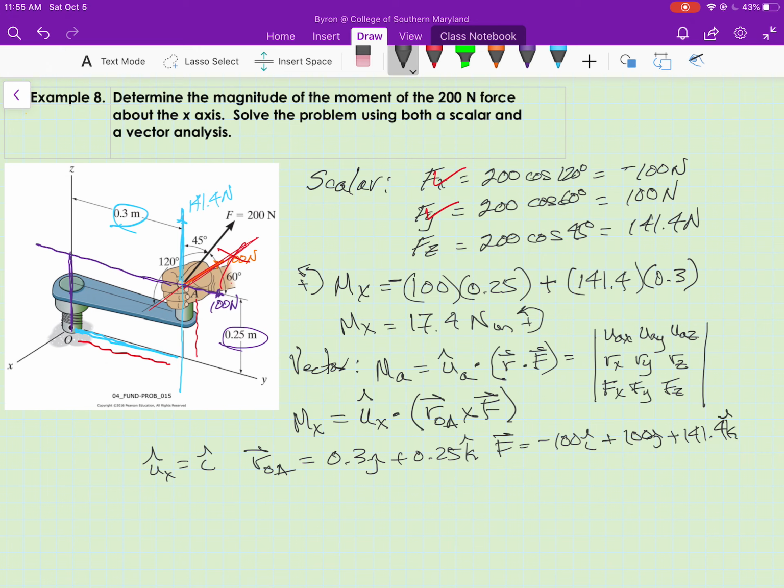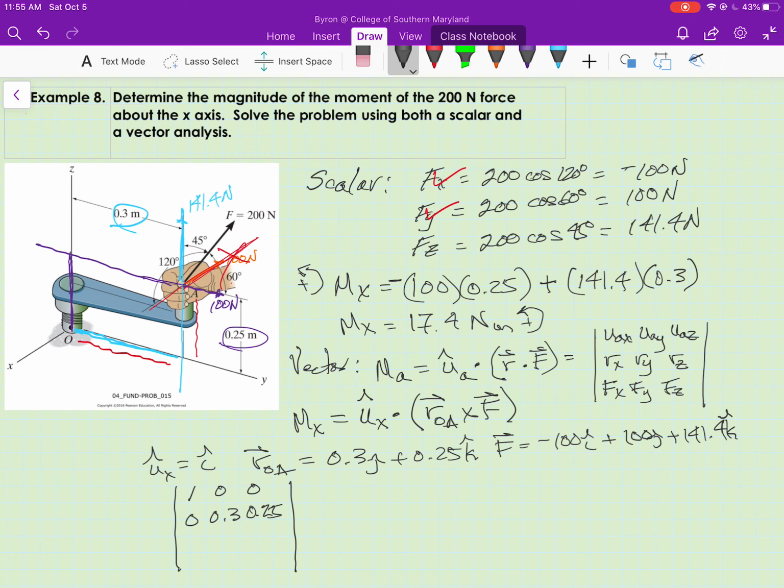Okay, so we're going to set that up in a determinant where our unit vector components are simply 1, 0, and 0. Our position vector components are 0, 0.3, and 0.25.